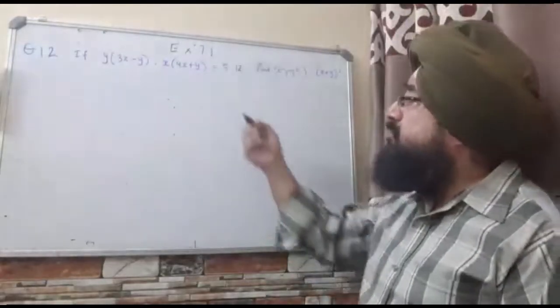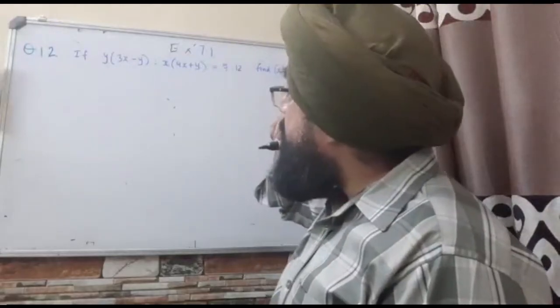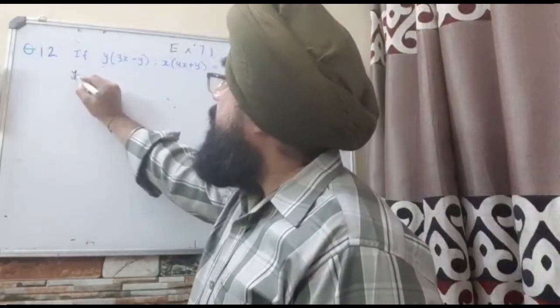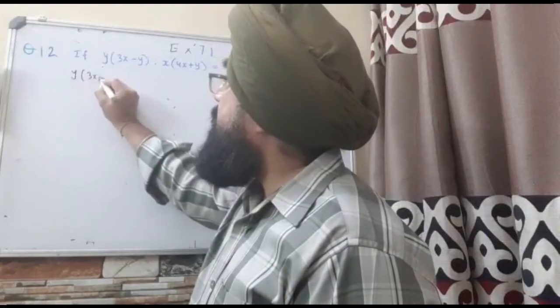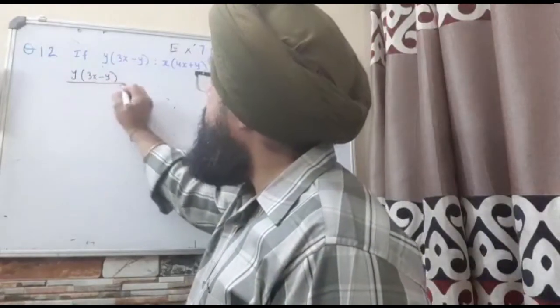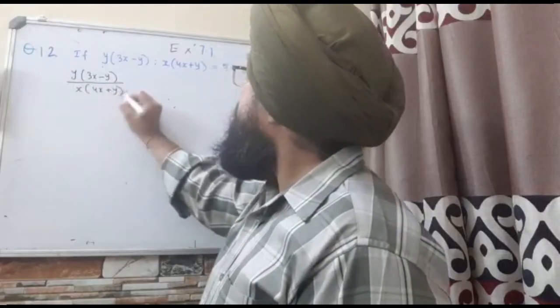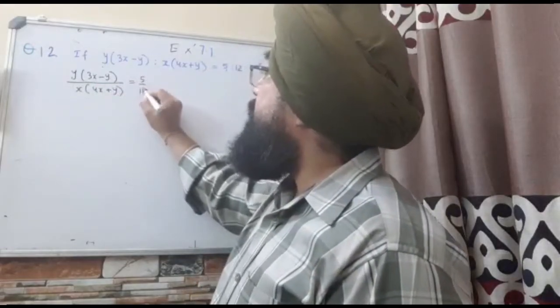What I am doing here in question number 12 in exercise 7.1 is, you can see this mathematical statement is actually y into 3x minus y over x over 4x plus y is nothing but given as 5 over 12.